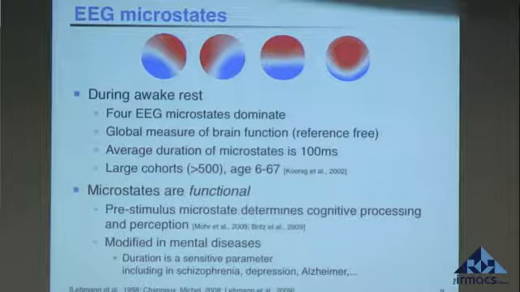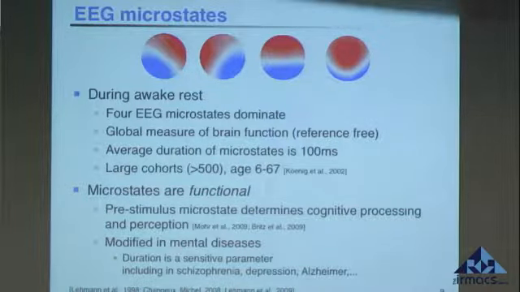And he could find over and over again these 4 microstates. There were slight age-dependent variations, like in the average duration of certain microstates, but very consistently he always found these 4 topographies again.